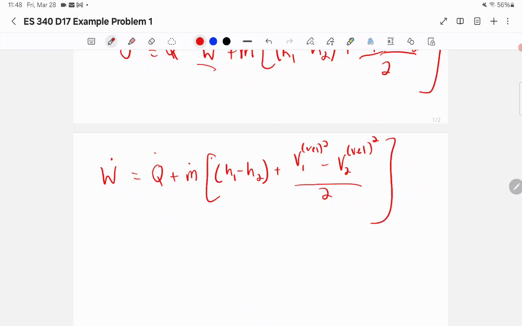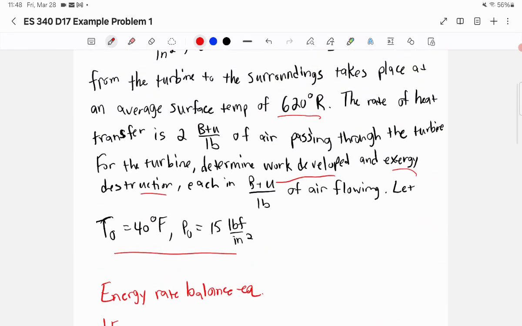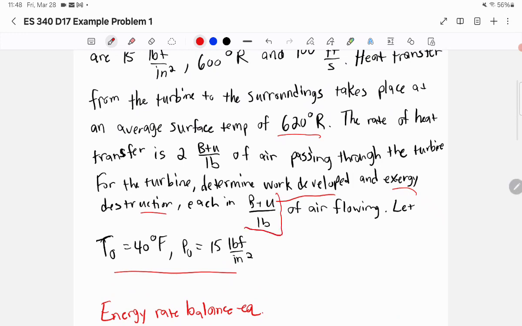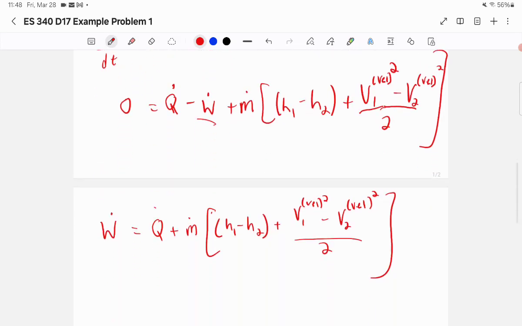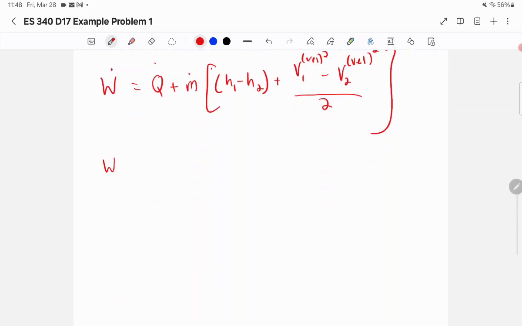We can then divide through by m, and notice that it asks for it in BTU per pound. When it asks per pound or per kilogram or whatever the mass might be, that immediately indicates that it's a good idea to deal with the quantity W over m or Q over m, as the case may be.